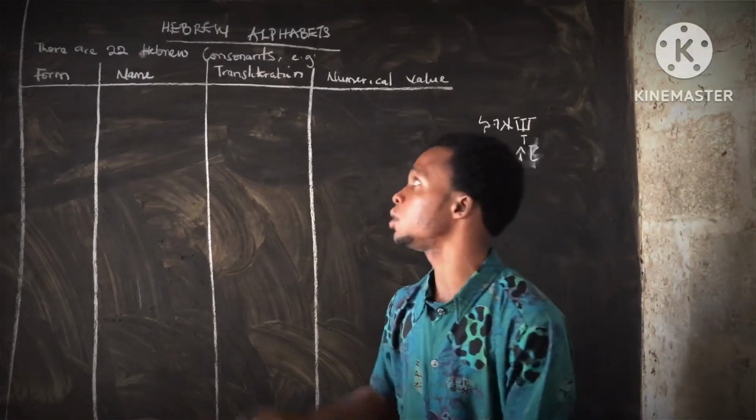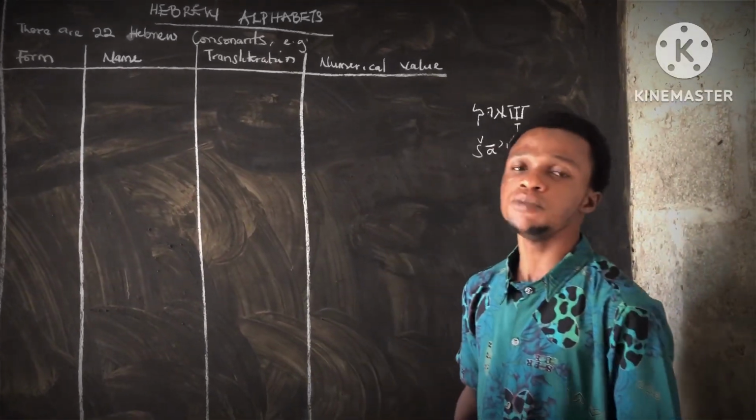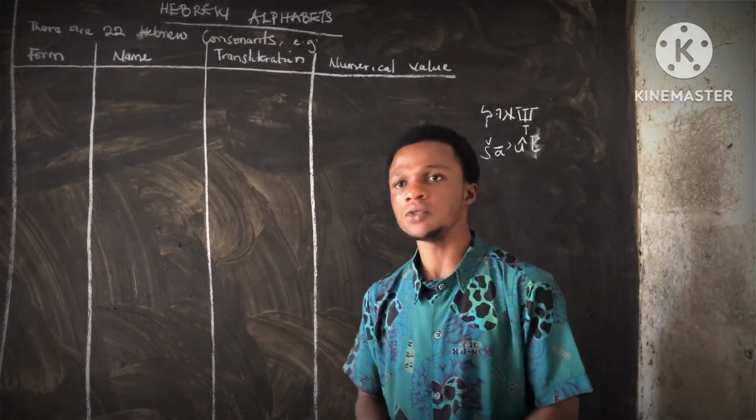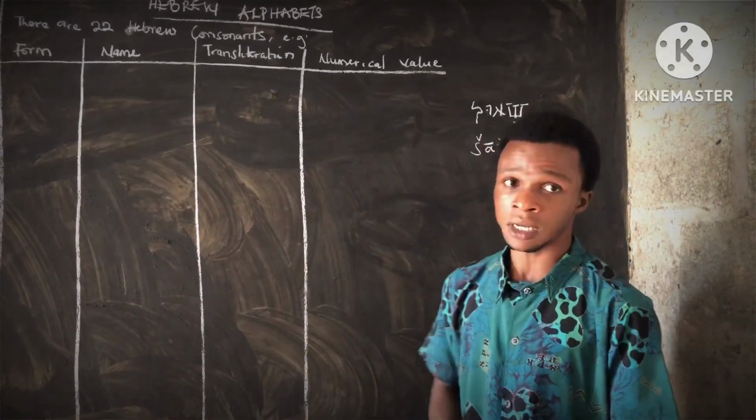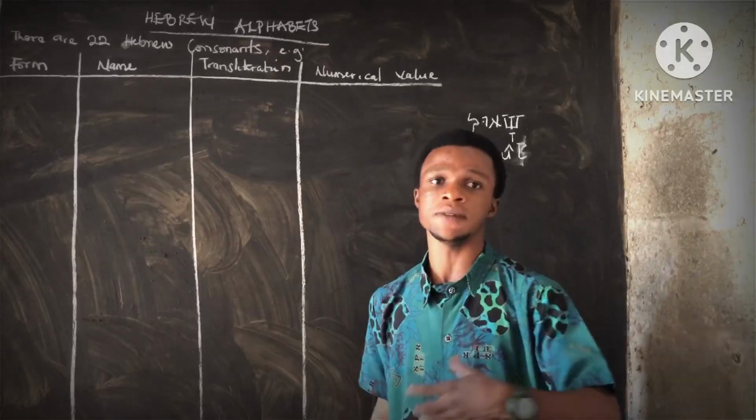Now, moving on, we'll be talking about the Hebrew alphabet. Like I said before, there are 22 Hebrew consonants. The Hebrew alphabet is also divided into two: we have the consonants and we have the vowels.